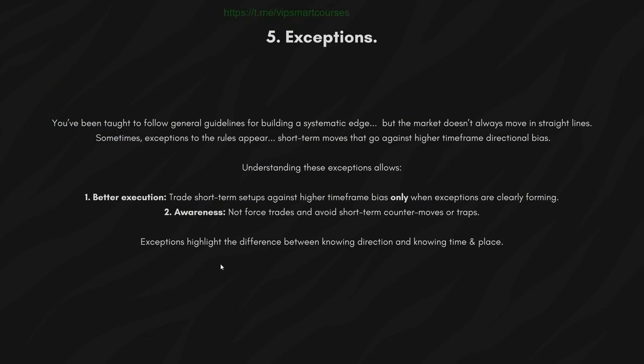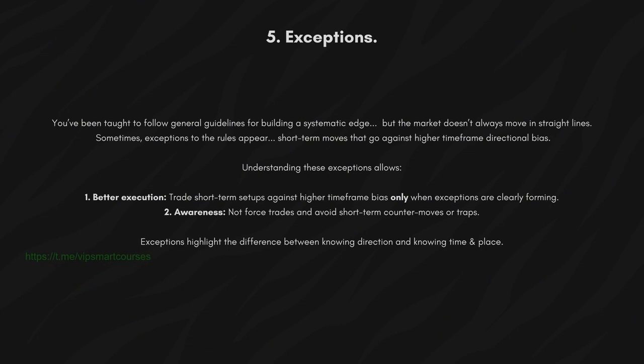Now, we haven't yet gone through what those exceptions are and which market conditions you're going to avoid. We're going to discuss them in the next slide. But that is an example of an exception. Because price has formed bullish price action for 4 days consecutively, on the 5th day you will avoid trading in the bullish direction altogether, because you've built this awareness that price action does not move in the same direction for 5 consecutive days.